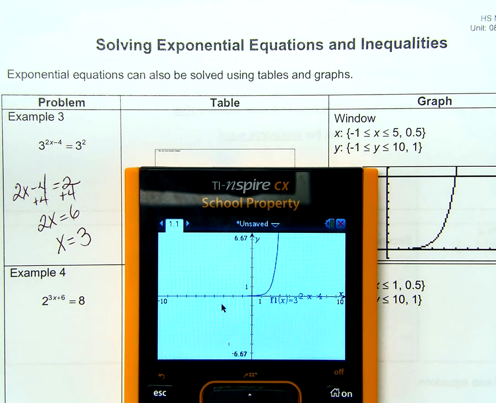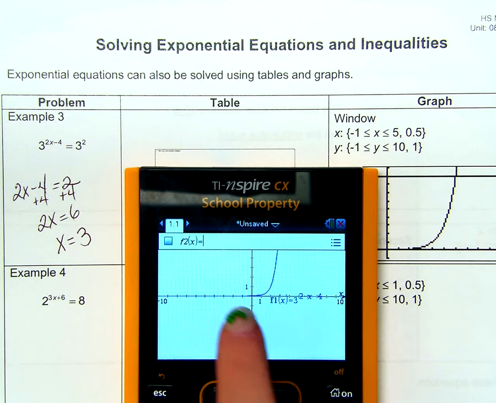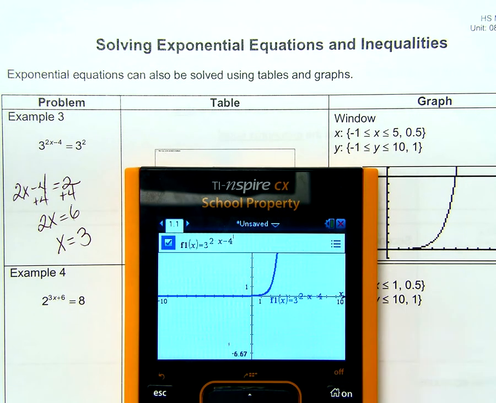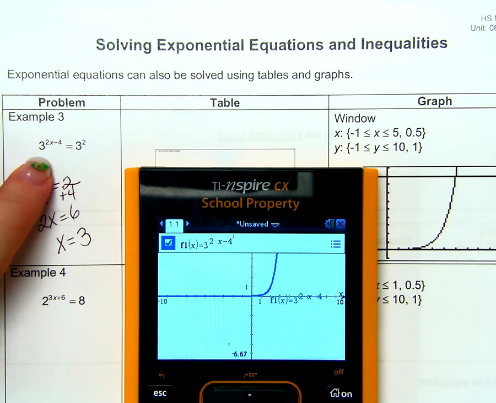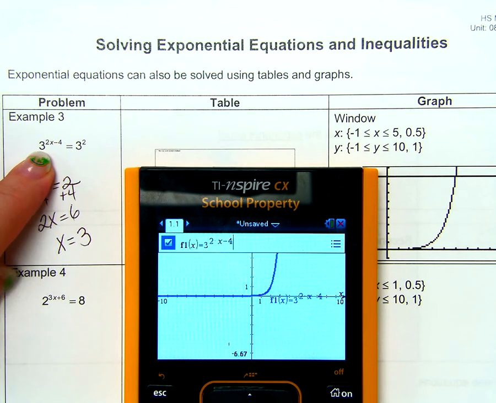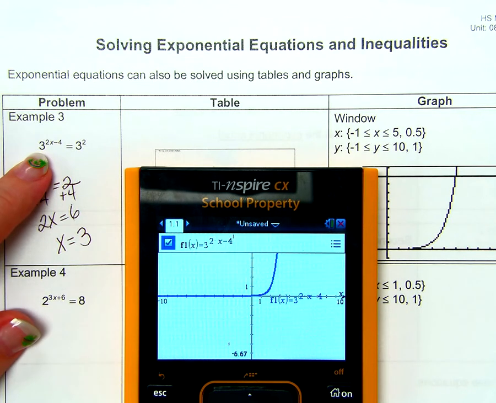I entered one side of the equation, in this case the left side, into the entry line. Okay so far?